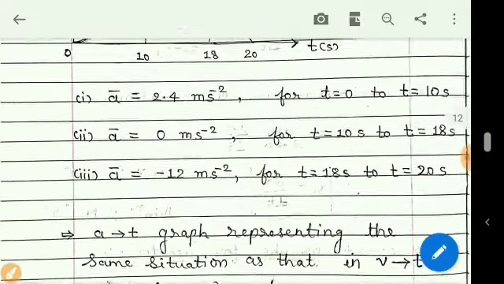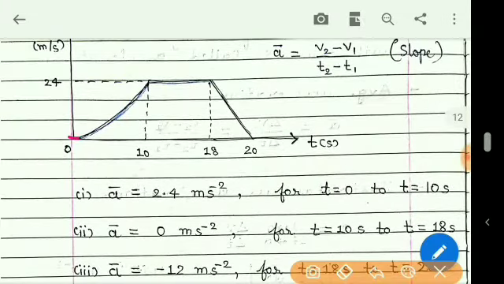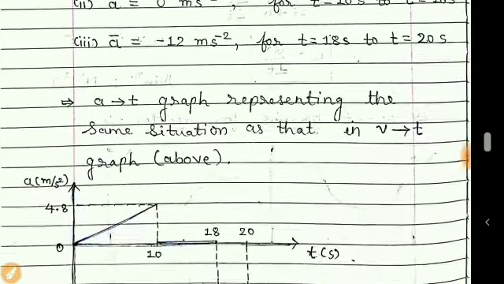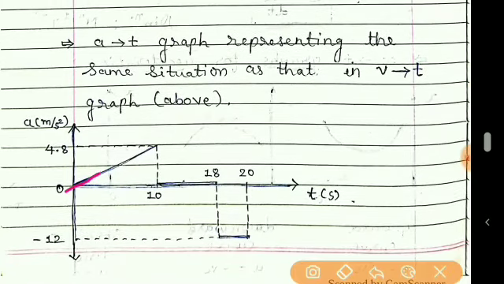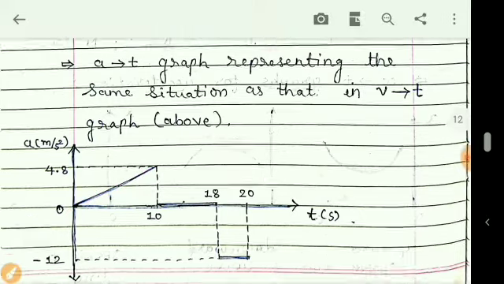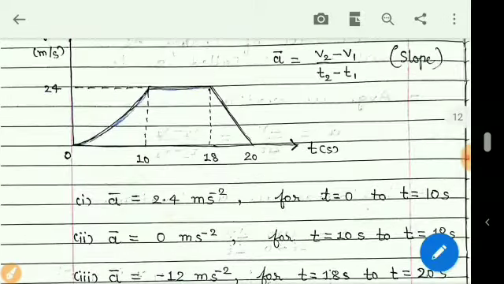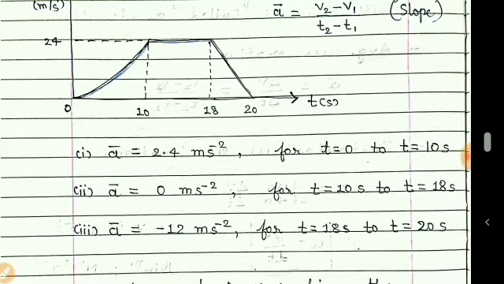And for this first part, it is a curved line, means acceleration increases, means changes. So from 0 to 10 seconds, here it shows this part. So I hope the thing is clear to you. So now let us move to the next part.